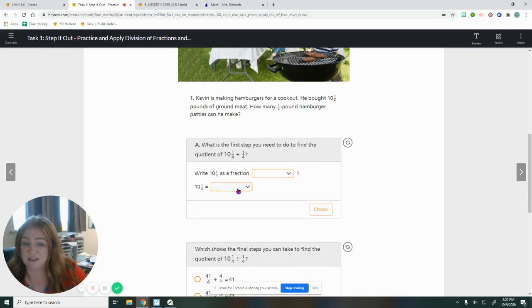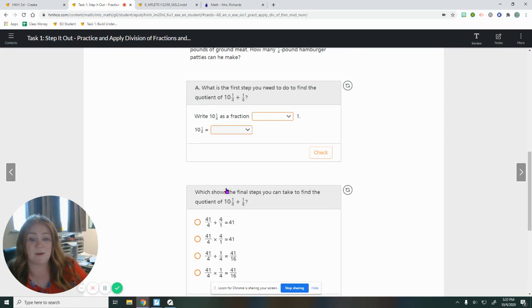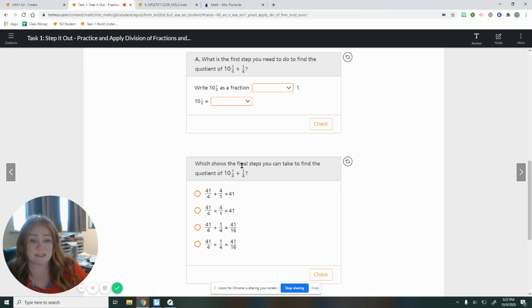The very first thing we have to do is, go back and listen and watch the video again if you need to, and then tell me what 10 1/4 was as that improper fraction. Then it wants to know the final steps you need to take. So here they have gone ahead. I want to know the answer.